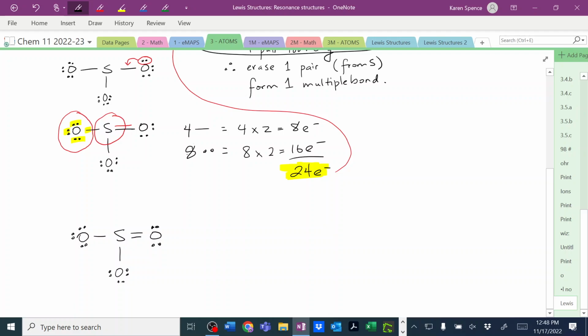And then we have another structure, and we show a double-headed arrow between them because it can switch back and forth, where we could have the double bond down at the bottom instead.